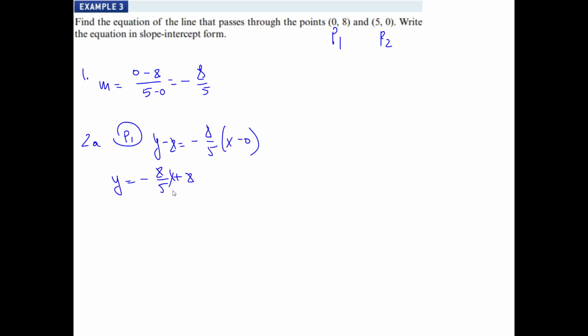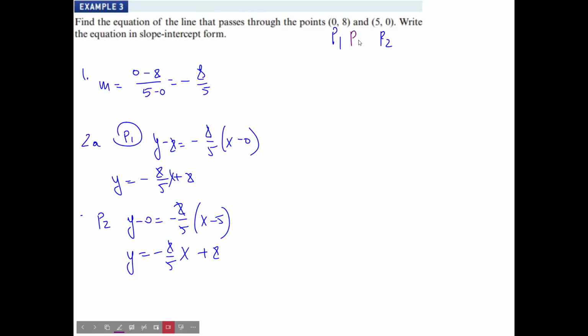Good? Guys, let's do P2 here. So y minus 0 equals minus 8 over 5, x minus 5. Y equals minus 8 over 5 x plus 8. Same thing.